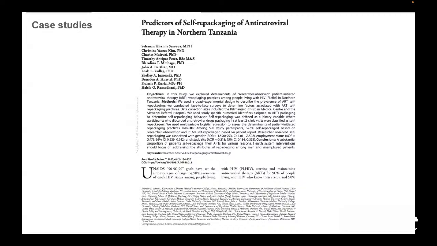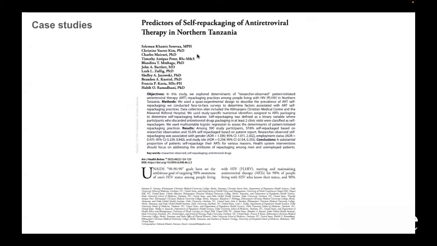Before we see the predictors, we have to see whether they repack or not. So the quasi-experimental design here used category A, whereby you observe and see the outcome, then you observe again. The criterion for repackaging was whether the patient repacked the medication at least twice.